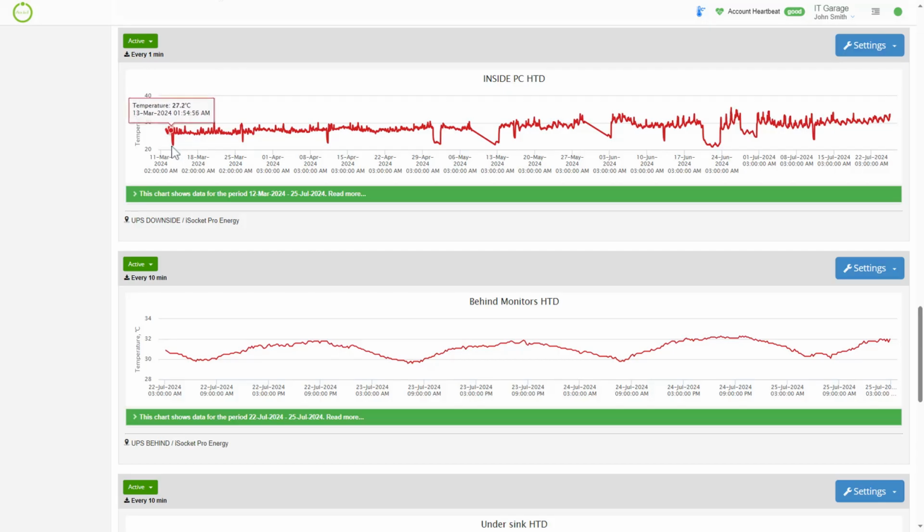I think this drops when the computer is switched off. 22, like at home, and then when it runs. And here I think that is the period when it was switched off, 8 May, 12 May, probably. I don't know.